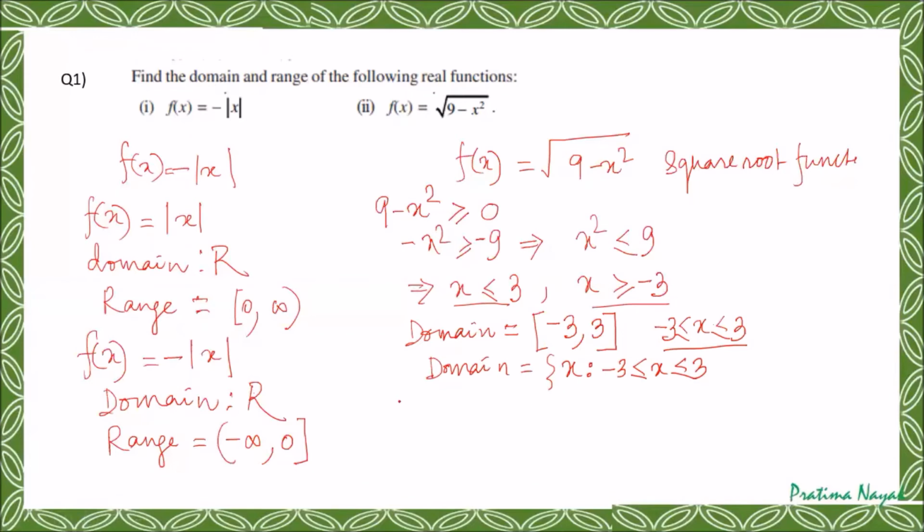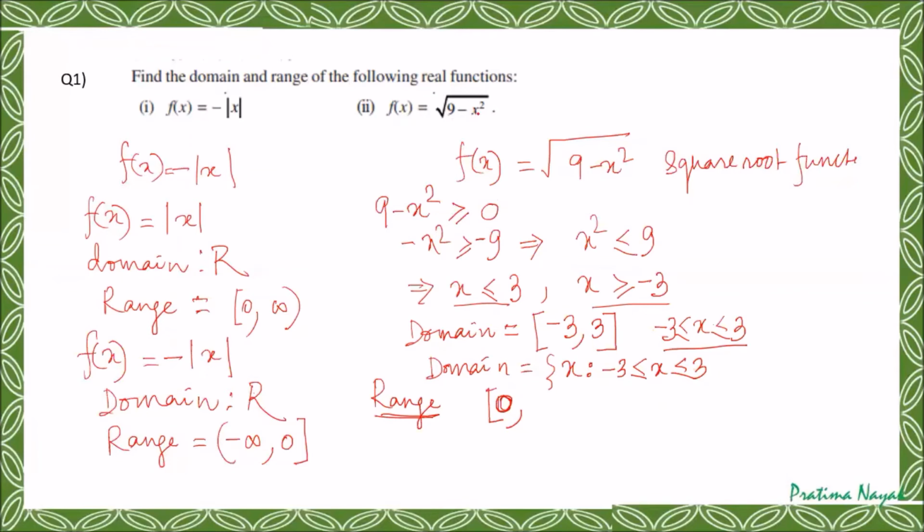Now coming to range. For the range of the square root function, you know that the range is always positive, so it will start from 0, including 0. Where will it end? I am not taking a value of x more than 3. So it will be 9 minus 9, which is 0, and then the value will be 3.